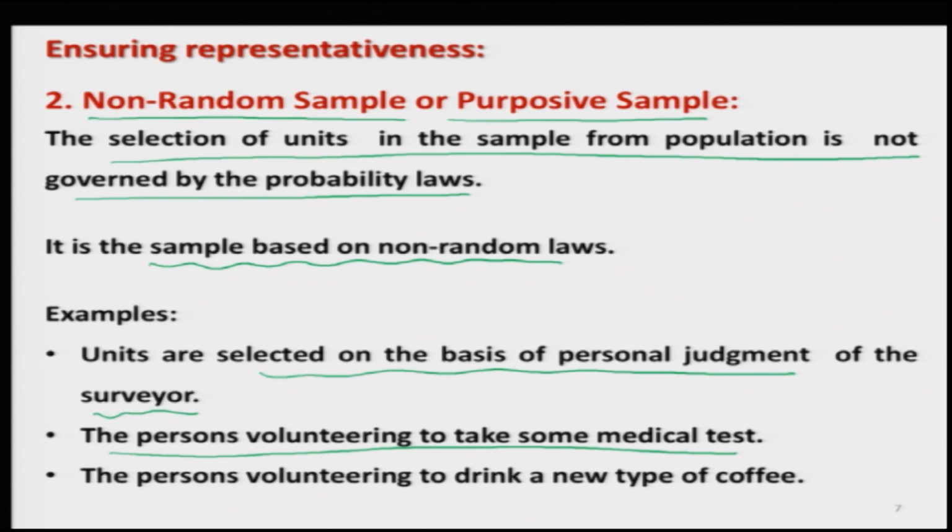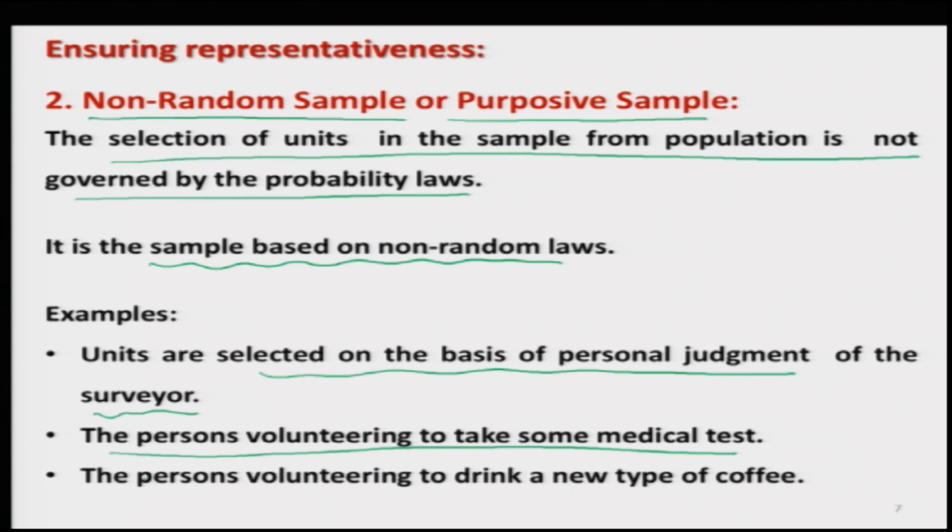Because if there is a new medical test, its efficacy has to be tested on some number of people, and not everybody wants to volunteer, because there is a risk that their health may have some problem. So the sample is selected only from those people who are willing to participate in the medical test. This is also a non-random sample.